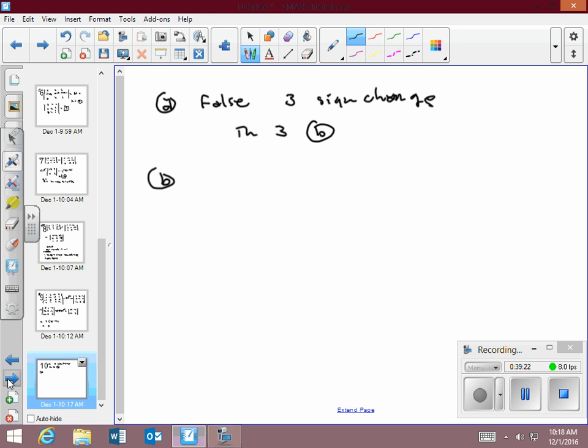So this is false. You must have a triangular matrix. Okay, C. I don't know what theorem that is. I guess another way of calling it, you could have it in echelon form, right?